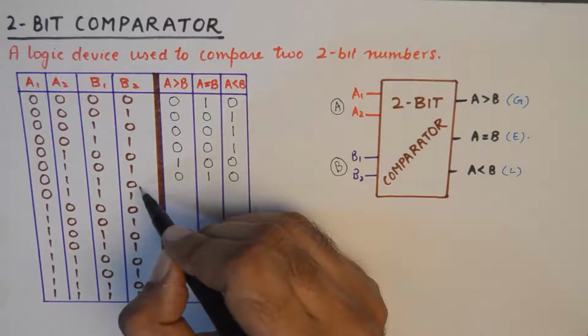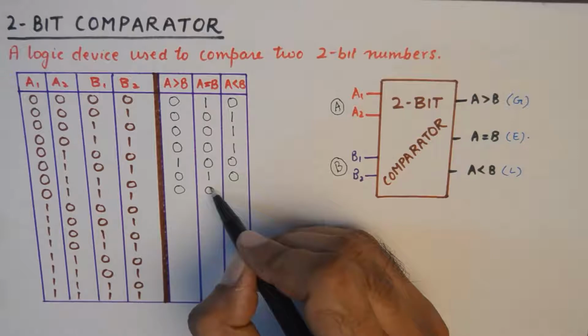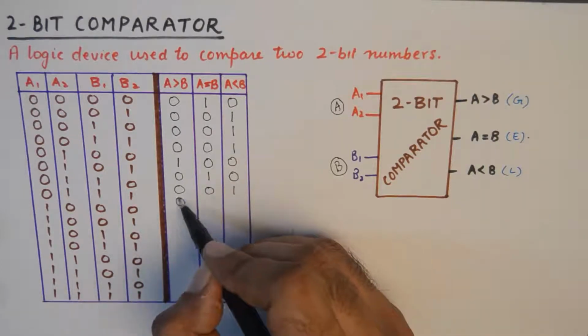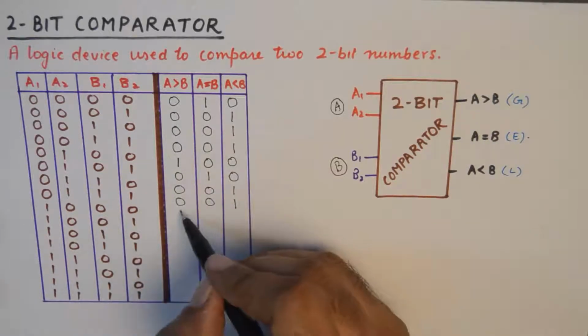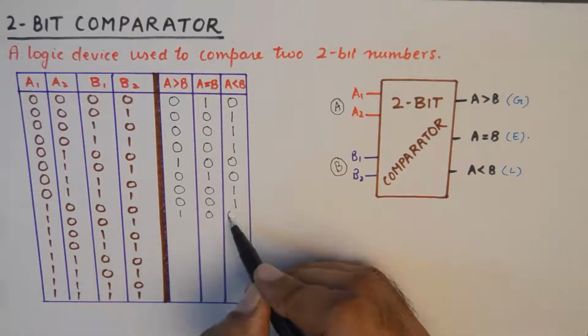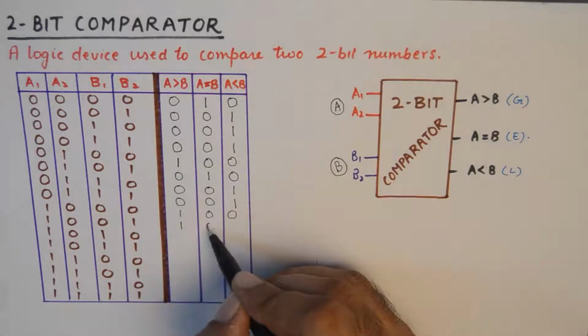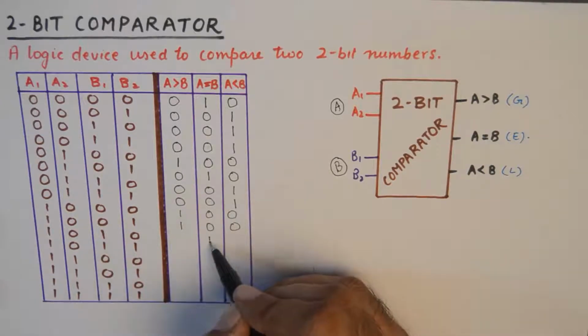Then we have two cases where A is smaller than B. And now in this case A is bigger than B. In this case also A is greater than B. And in this case they both are equal.